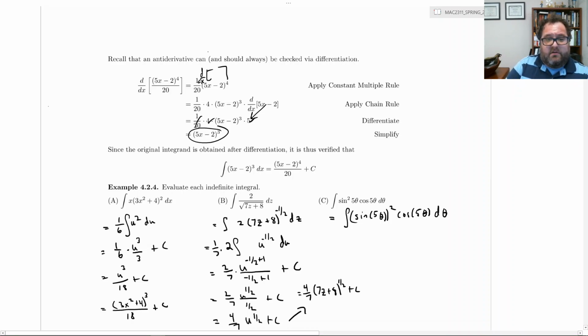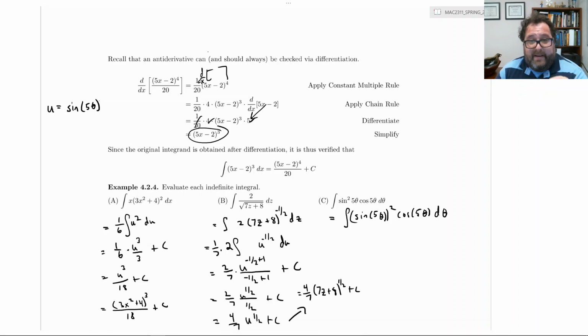So I think the substitution should be the inside function of the quadratic term. So that's going to tell me that u equals sine of 5 theta, which is itself a composite function. Now, remember, as soon as you make your substitution where you say u equals something, immediately take the differential. So du equals, what's the derivative times d theta?